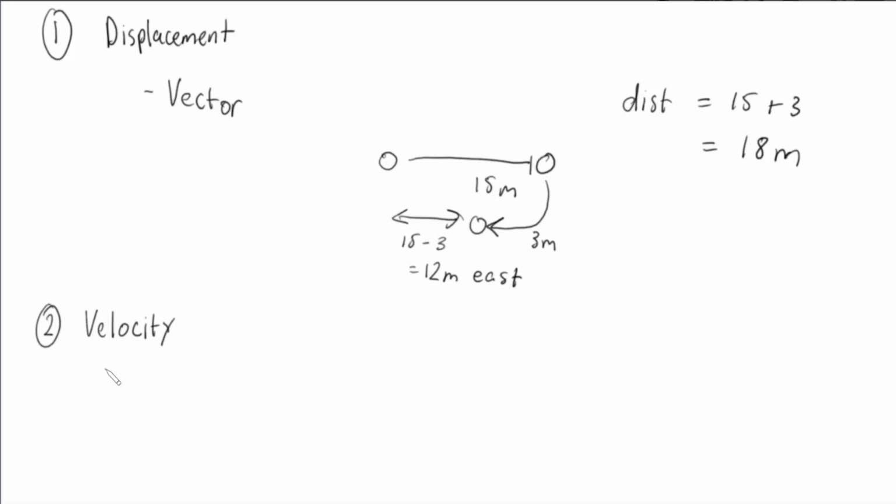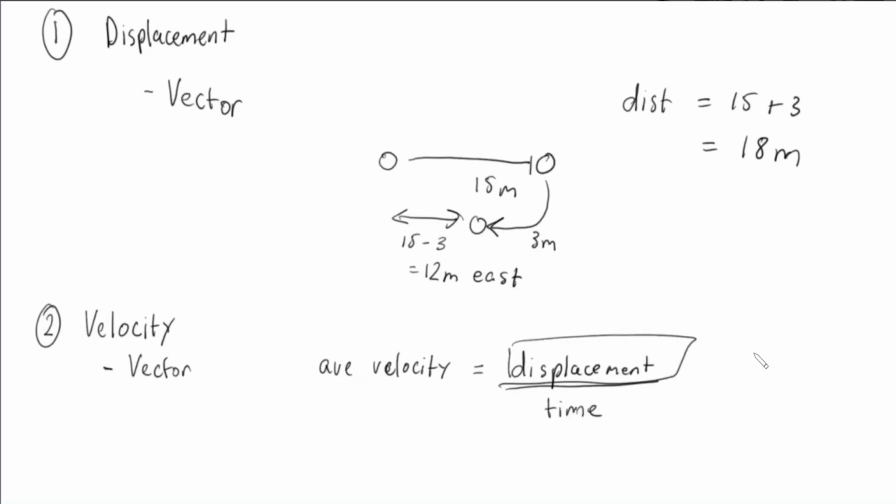Velocity, just like displacement, is also a vector, and it describes how quick a body is traveling with respect to some direction, where we can calculate the average velocity of an object by dividing the displacement an object experiences over the period of time that we're measuring, where the symbol for displacement is also x and time is t. So we can say v is equal to x on t.